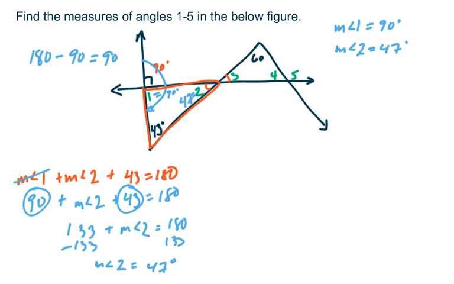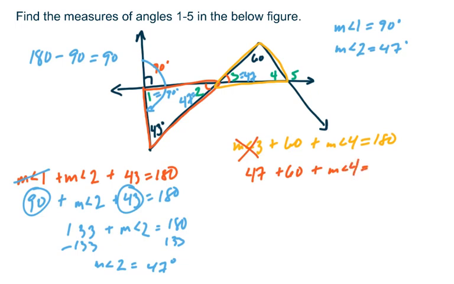So if I know the measure of angle 2 is 47, we already said, then that would mean 3 is 47. So again, I have another triangle where I know the measure of angle 3 plus 60 plus the measure of angle 4 has to be 180 degrees. Well, I know that we just found the measure of angle 3 is 47 degrees.